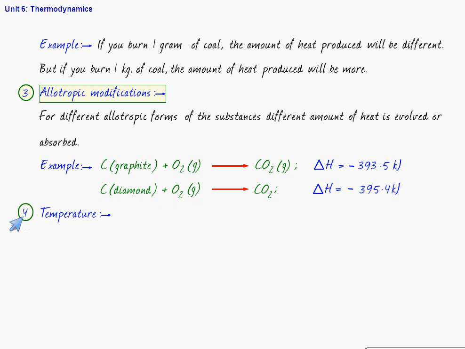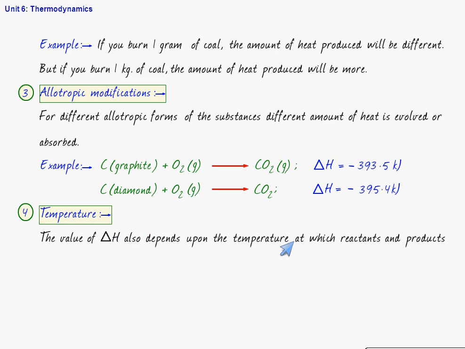The value of delta H also depends upon the temperature at which reactants and products are considered. Let us consider the reaction H2 plus Cl2 gives 2HCl.